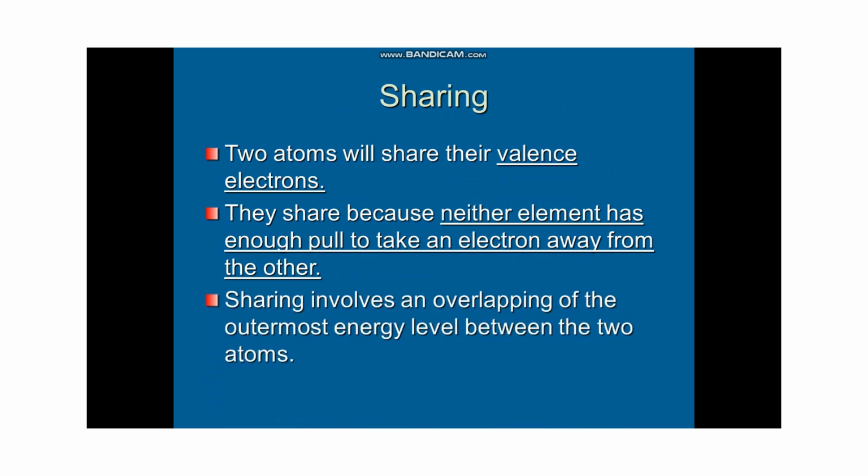That is overlapping. Overlapping means they are joined together in such a way that the electrons are revolving in the orbits of both. They are going to the shells of the next atom that is sharing the electron. Similarly, they are overlapped with one another.